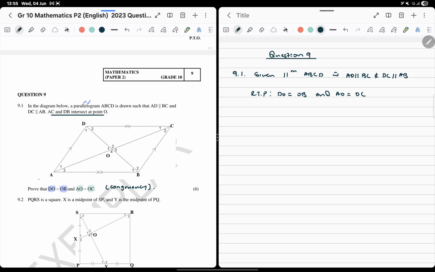Now, folks, if this is a parallelogram, we just need to appreciate that the opposite sides of a parallelogram are equal. They are not just parallel, but they are equal. Because we have to use maybe half of the properties if we're trying to use the diagonals.